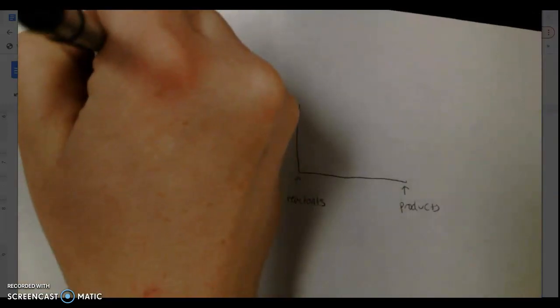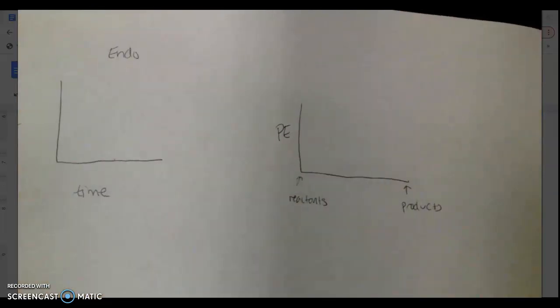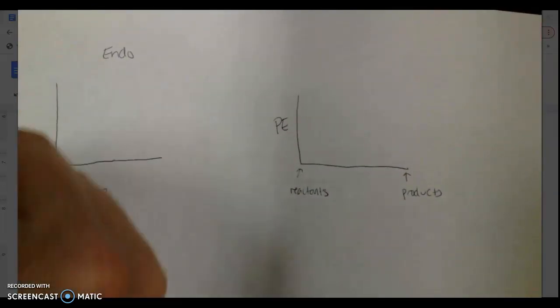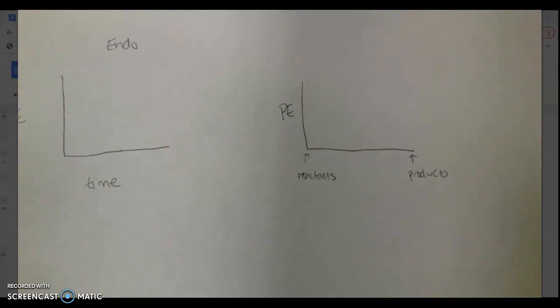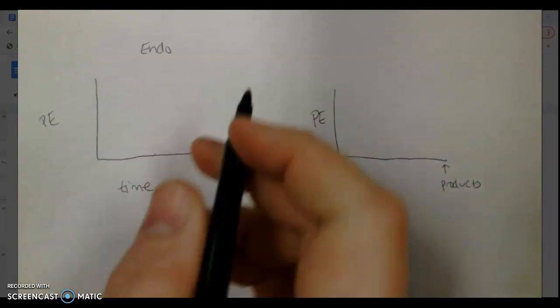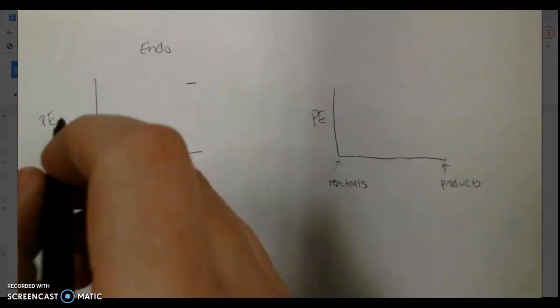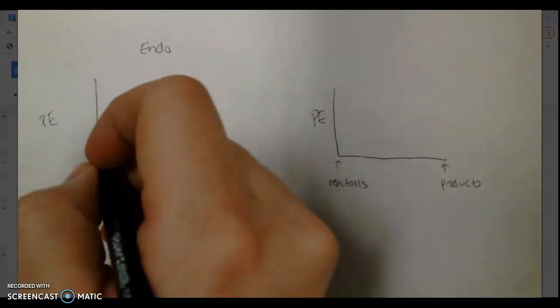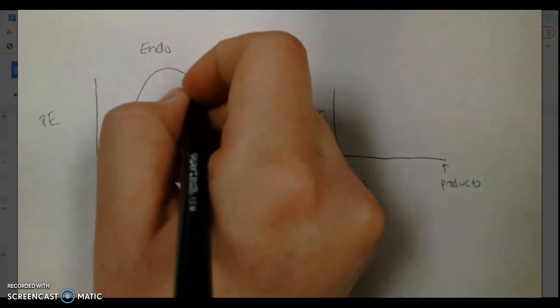And in an endothermic reaction, well, we know endothermic reactions store energy, and so the products need to have more energy than the reactants did. So you end up getting a shape that is somewhat like this.